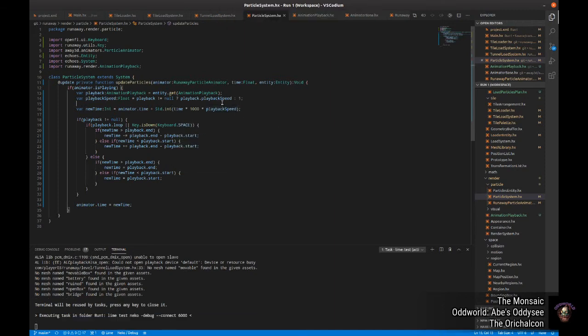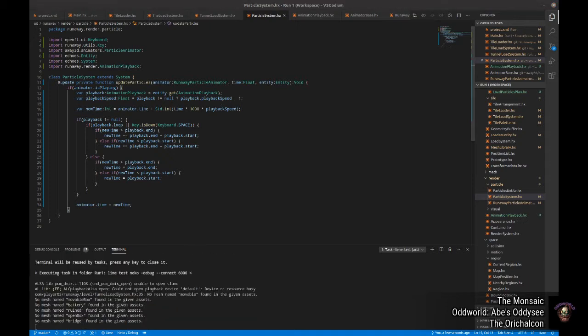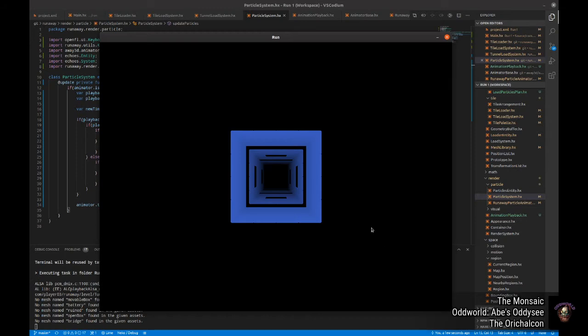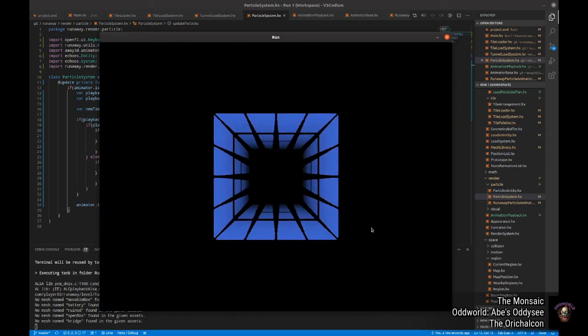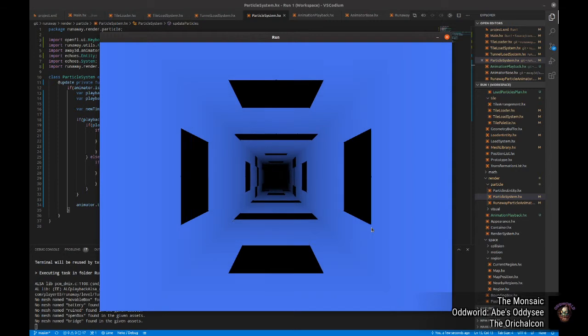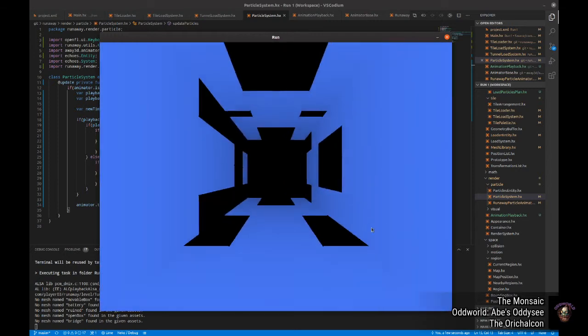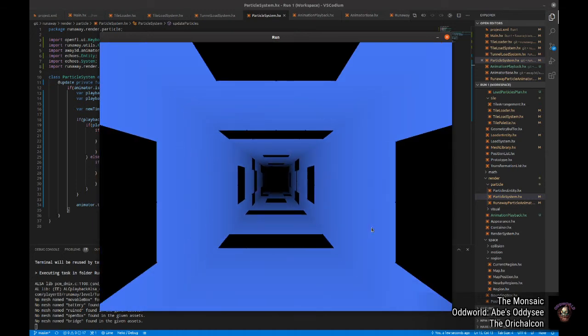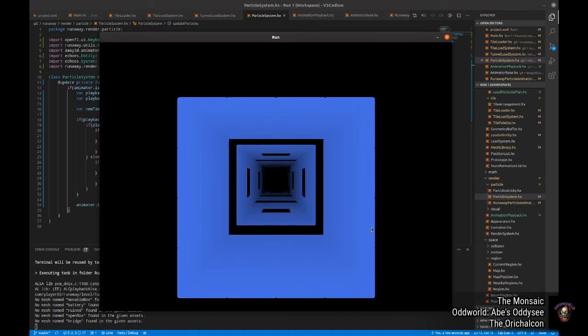Okay, we're going to do that so that I control whether it loops. Press space to play the animation again. So, yeah, that's a little more like what we can do, is just have this.